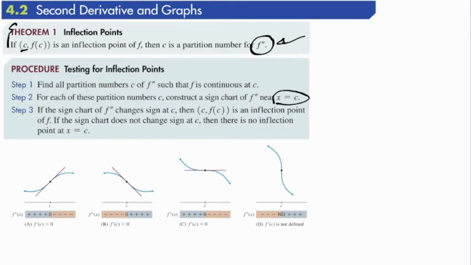If the sign chart does not change signs at C, then there is no inflection point.